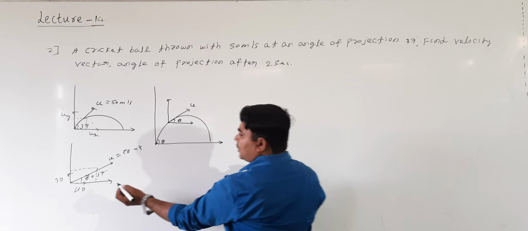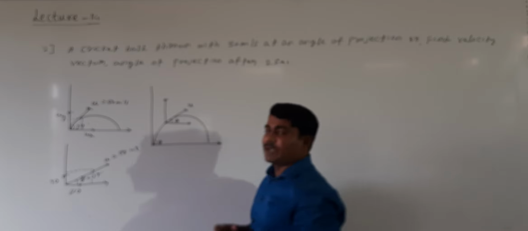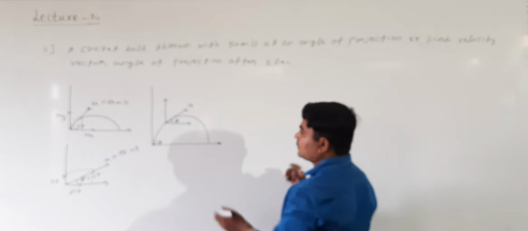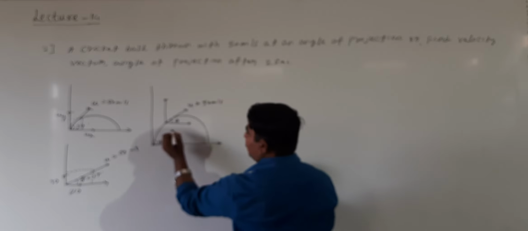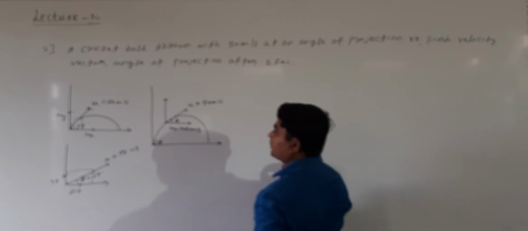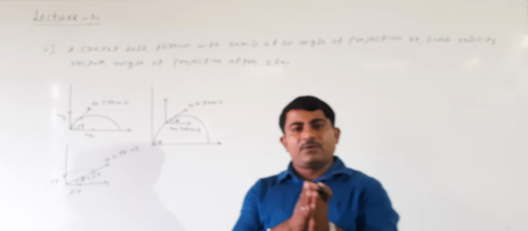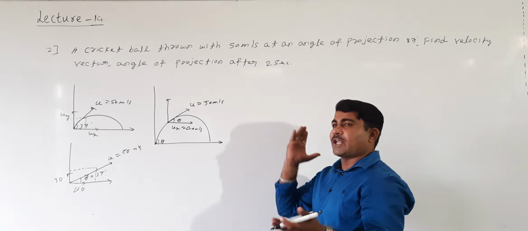See here. Initial velocity how much? It is 40. This is 30. Then this is 50 meter per second. What about this component? Ux. Ux how much? 40 meter per second, because component ux remains the same at every point up to completion of trajectory.